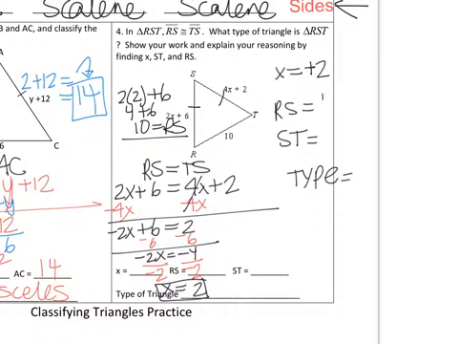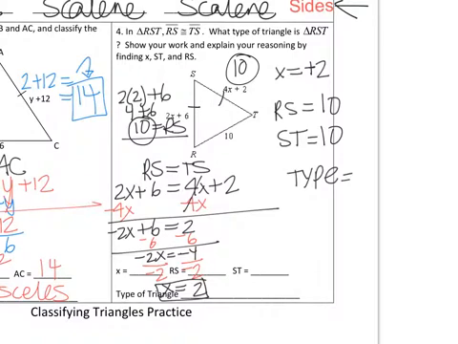That means that RS is 10. Now you can do the math over here by plugging in a 2, or you can just know that this side is equal to that side. If this side is 10, what's this side? It's 10. So side ST is 10, side RS is 10.